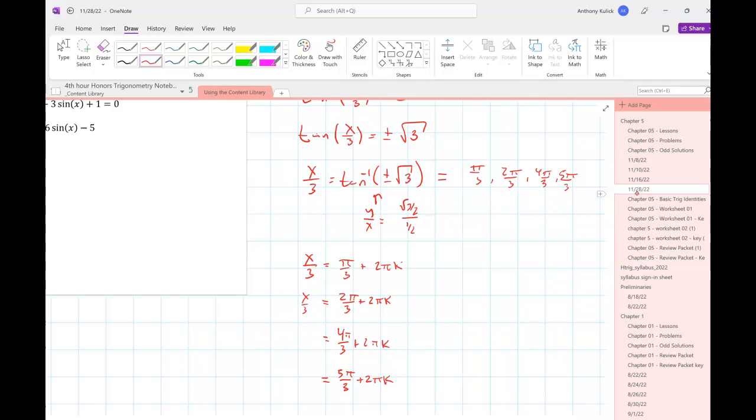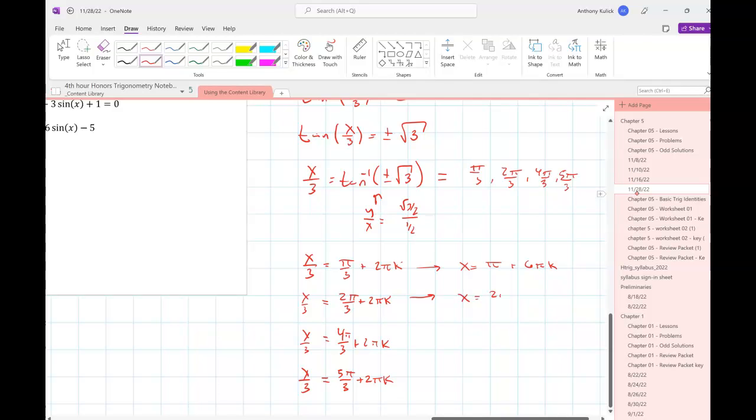So when I solve for x, I need to multiply both sides by 3. So when I do that, I get pi plus 6 pi k.